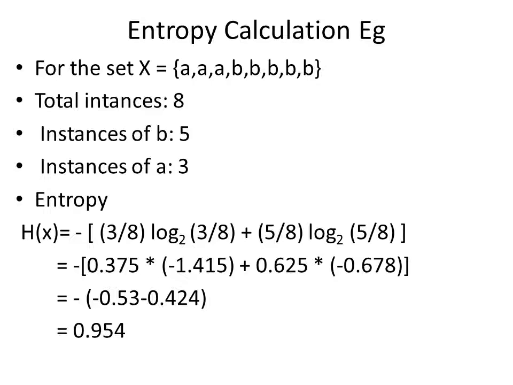Entropy is referred to as H of X. H of X is equal to minus 3 by 8, the probability of instances of A. Probability of A is 3 in this set, so 3 by 8: 3 is the occurrences of A, and 8 is the total possibility. 3 by 8 multiplied with log to the base 2 of 3 by 8, plus, coming to the second instance B, instances of B come 5 times, so 5 by 8 log base 2 of 5 by 8.